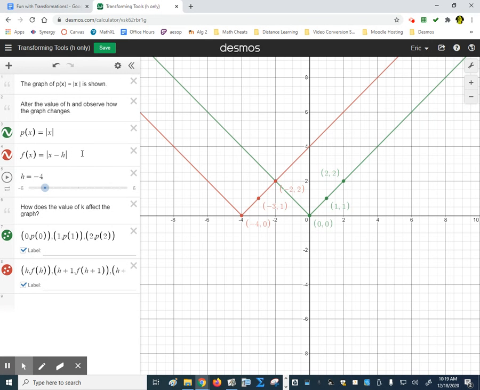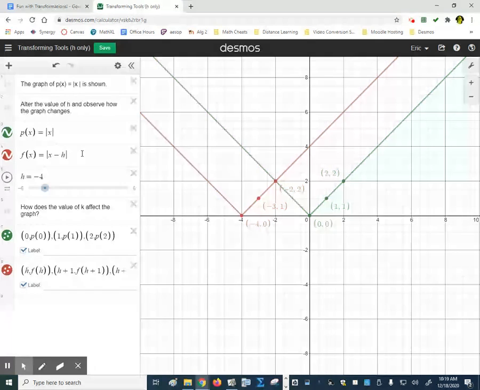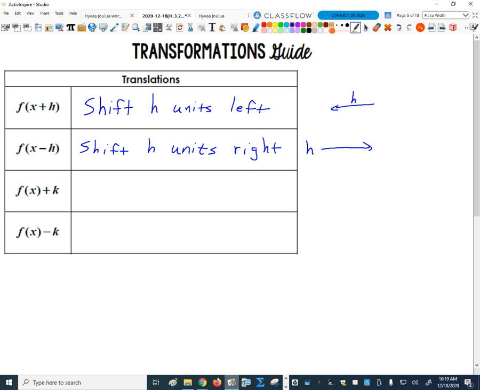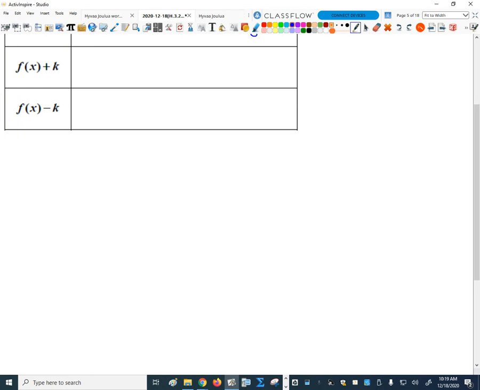Okay, so what I mean by that is, let's go back to here. Our standard form is going to be, if our parent function is p of x, then we write f of x equals p of x minus h.